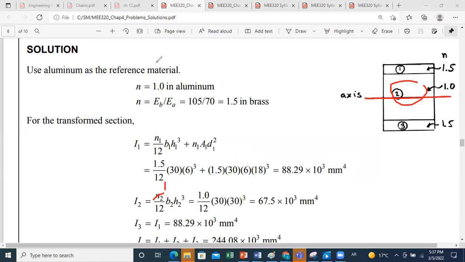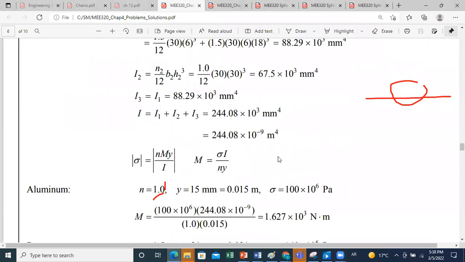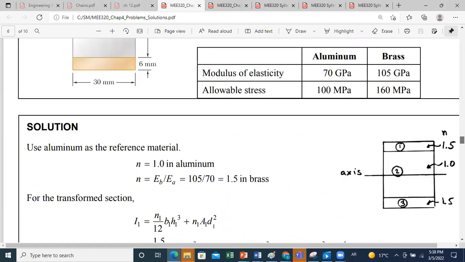Now we can add the 3 values, I1, I2, I3 to get the total inertia of this cross section about the neutral axis. Once we get I, we need to determine what is the maximum stress in aluminum and what is the maximum stress in brass. First, aluminum is in this part.